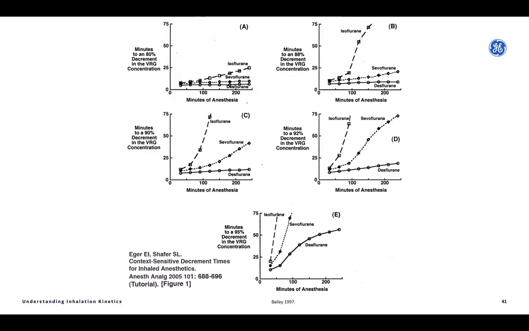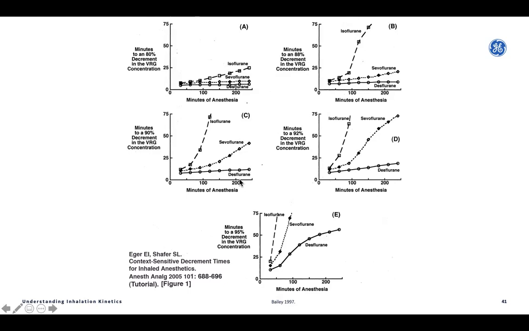If we take it to a greater degree of reduction, that is an 88% reduction, isoflurane all of a sudden takes much, much longer. If we look for a 90% reduction, sevoflurane is starting to rise on its wake-up time, or its resolution time.